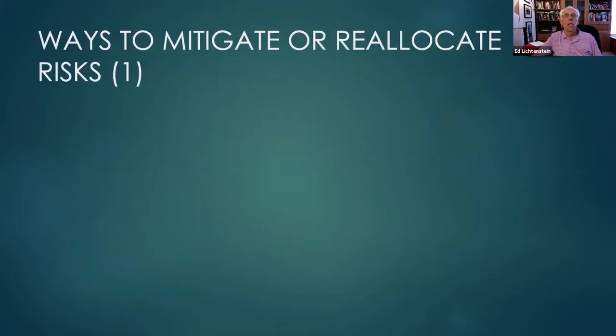Now, ways to mitigate or reallocate risk: negotiate. Almost everything is negotiable. Even those people who say I won't negotiate. Sometimes that's true, but most people are willing to negotiate if you can present something reasonable.